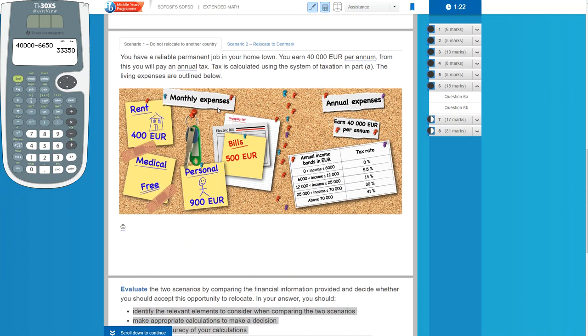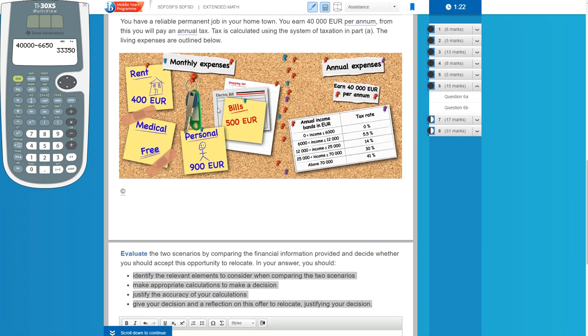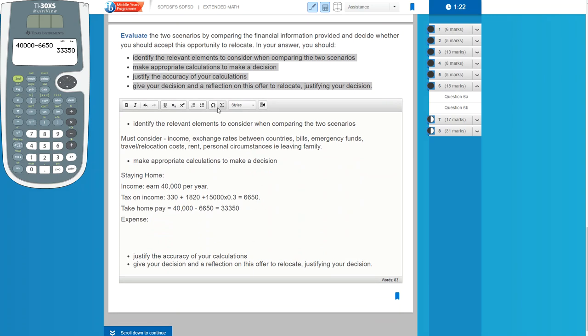So expenses, we've got rent, medical's free, personal and bills. That's all, 400, 900 and 500. And is that a month or a year? So that's monthly, okay, so that's 1,800 a month.